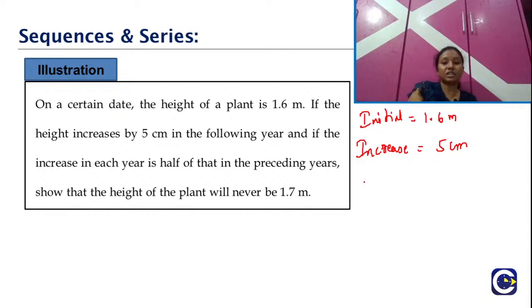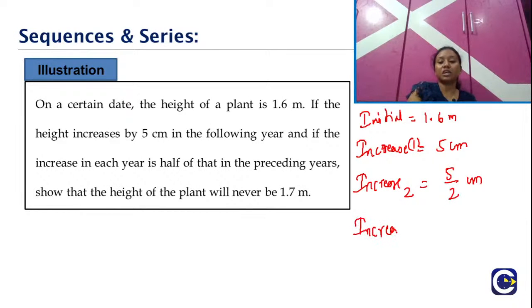So let me take the increase in the first year. That is given by 5 centimeters, and the increase in the second year will be half of my previous increase, that means 5 by 2 centimeters. Likewise, the increase in my third year will be half of this, that means 5 by 4 centimeters.